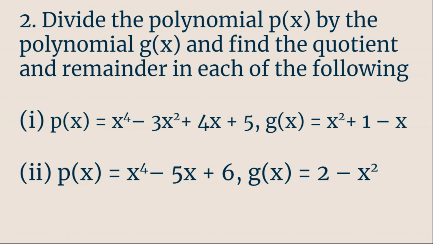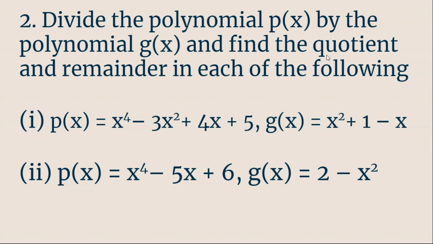And just a hint and reminder, ensure to include all the terms. There are some terms missing in p of x, right? Just consider all the powers of x. Otherwise you will be prone to mistakes. This has to be solved by the long division method basically.